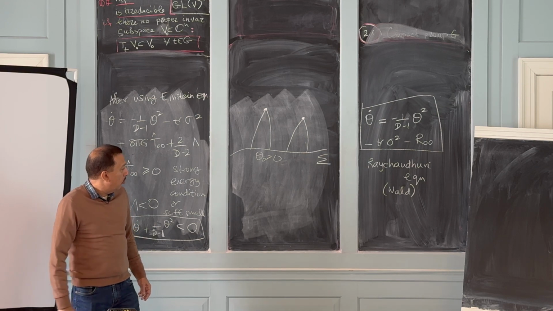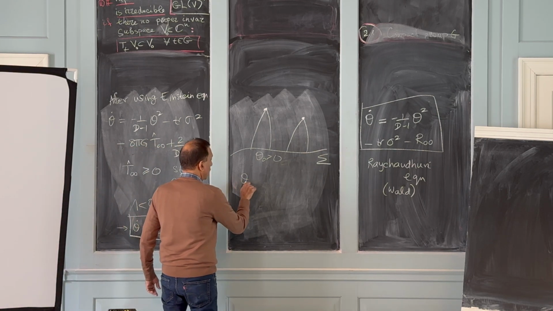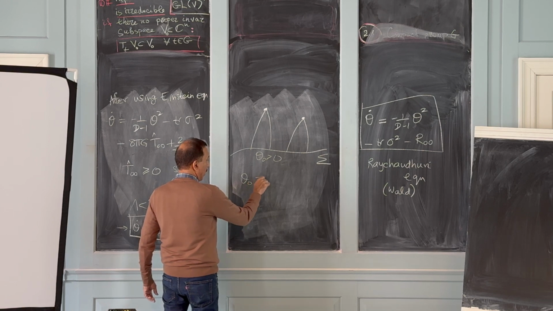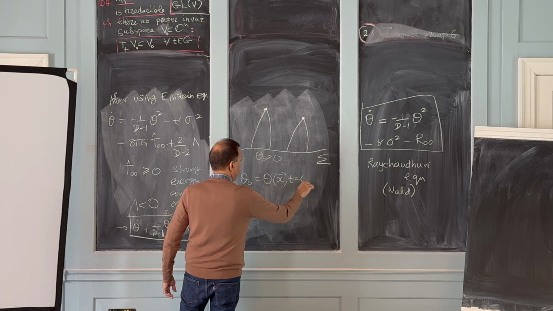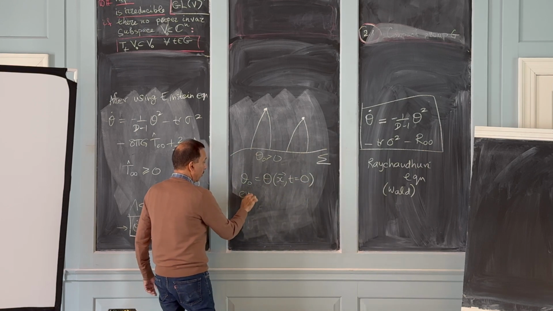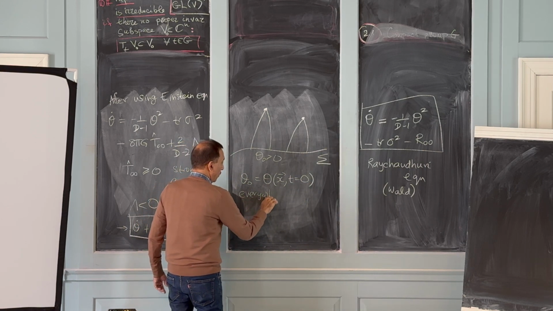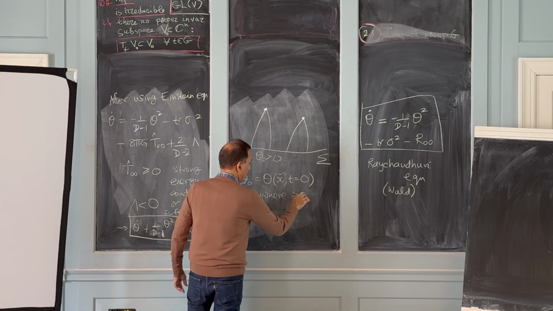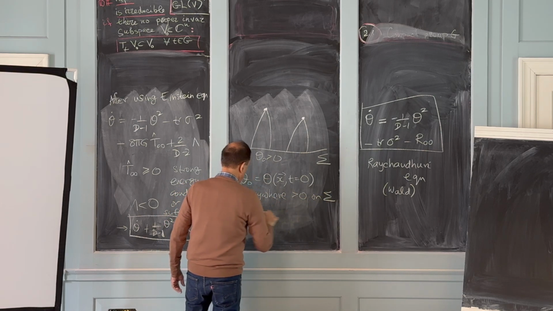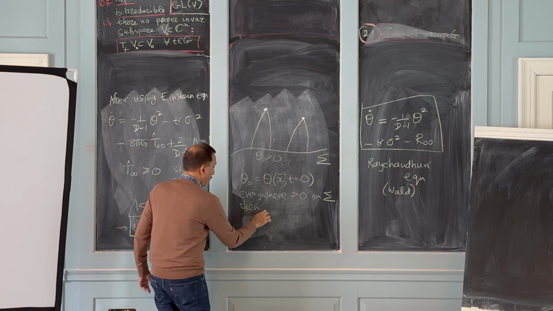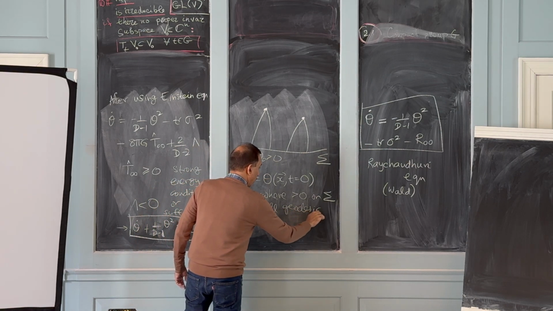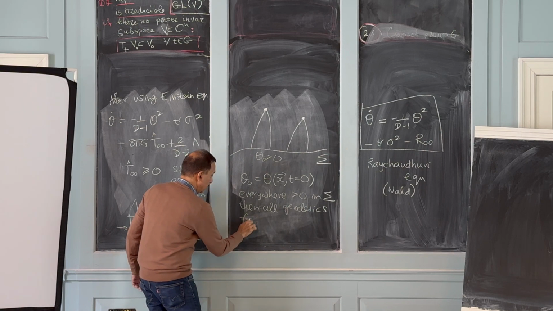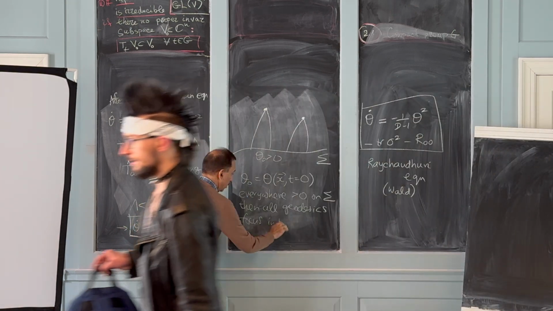Okay. So theta 0, which is theta at x and t equals 0, if it's everywhere positive on sigma, then all geodesics focus in the future.